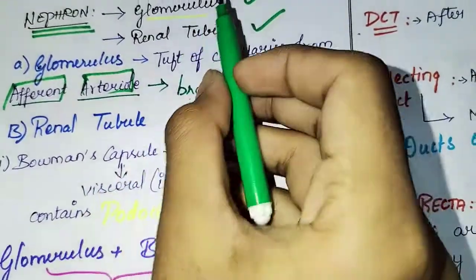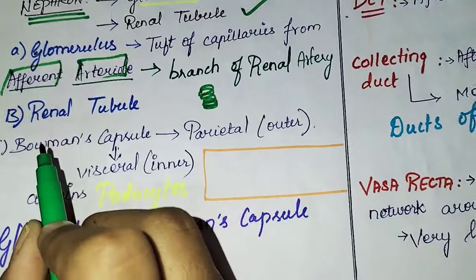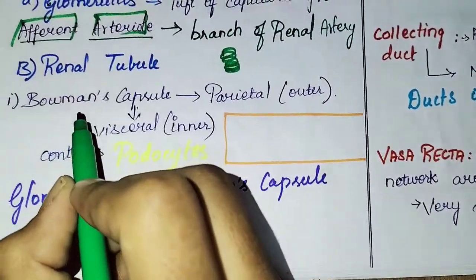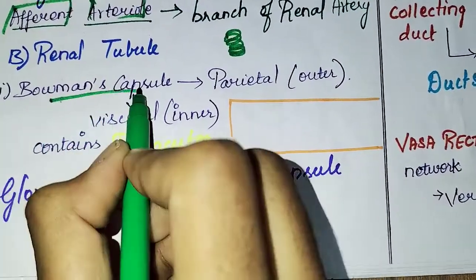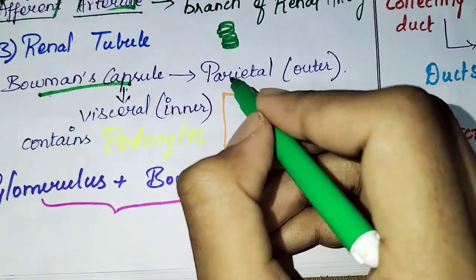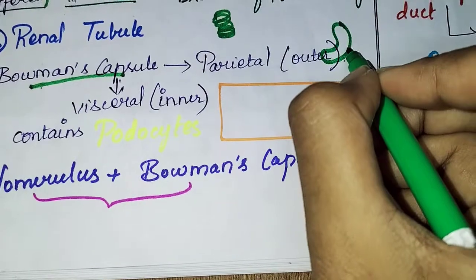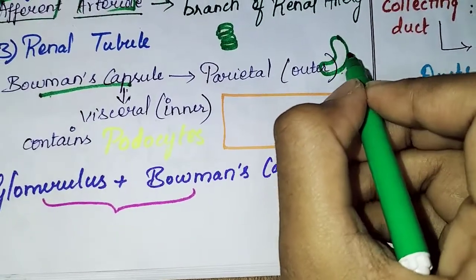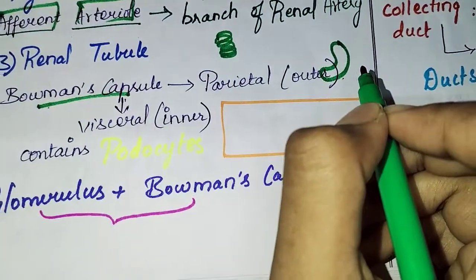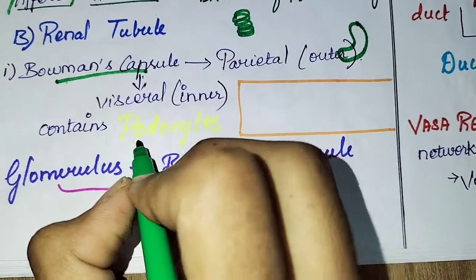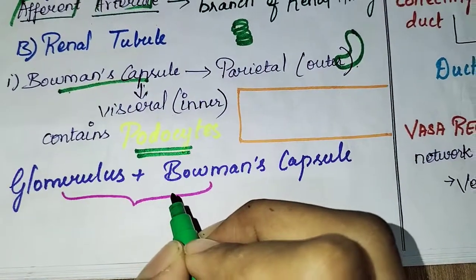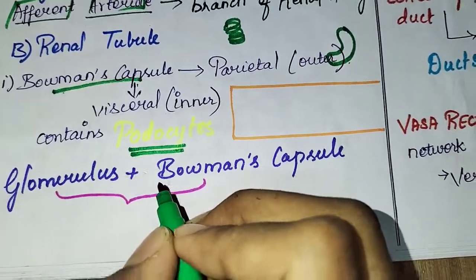Next part of the nephron is the renal tubule. The renal tubule starts with the Bowman's capsule. It has an outer parietal layer and an inner visceral layer. They contain podocytes for ultrafiltration. You will see that in the next video.